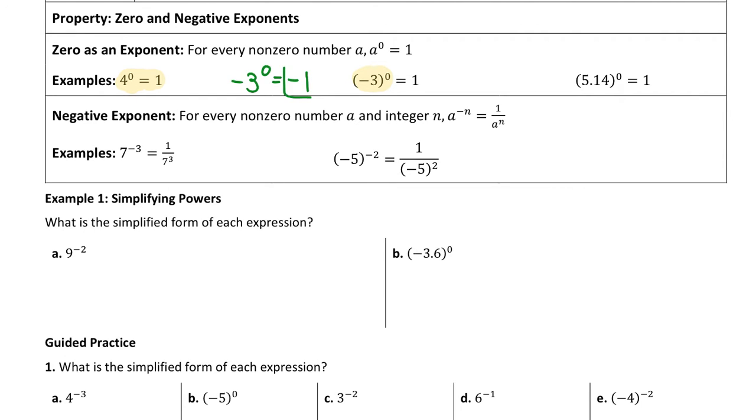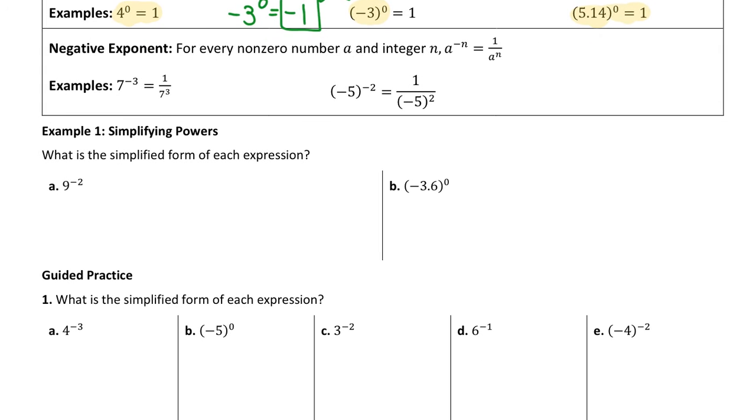That is negative 1. So these are not the same. I'll explain that more in depth later on. Final one, 5.14 to the 0 power, that's also just 1. So really anything raised to the 0 power is just 1. That's an easier property to remember.